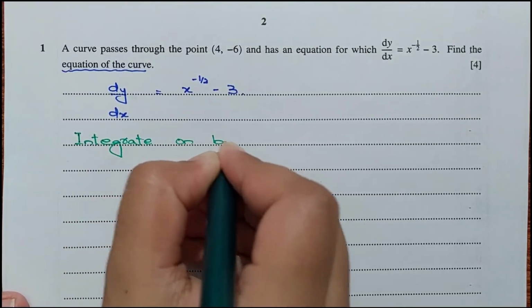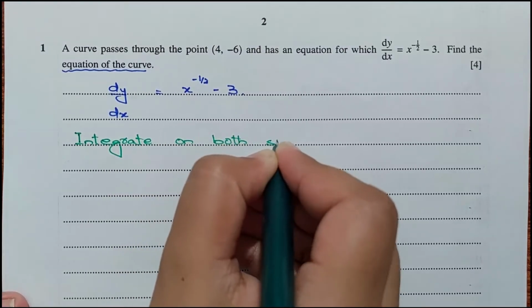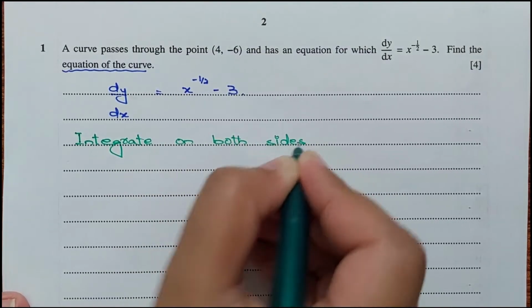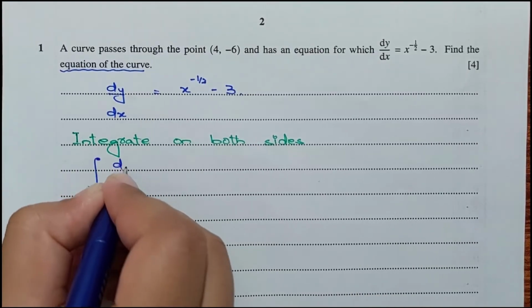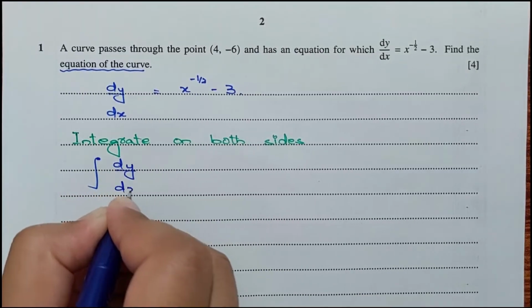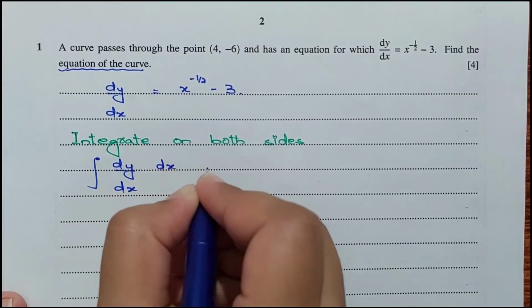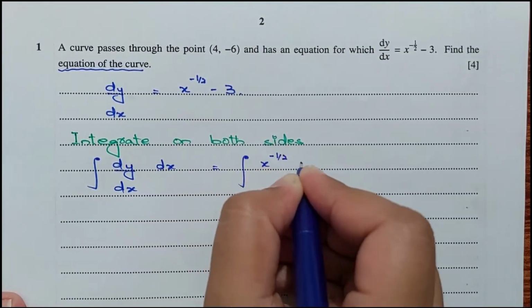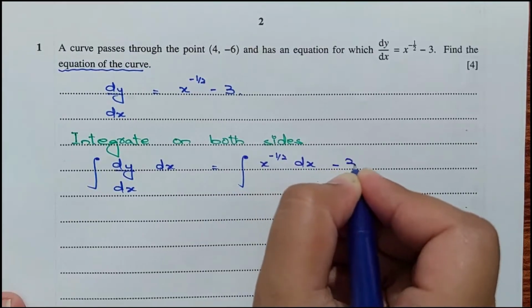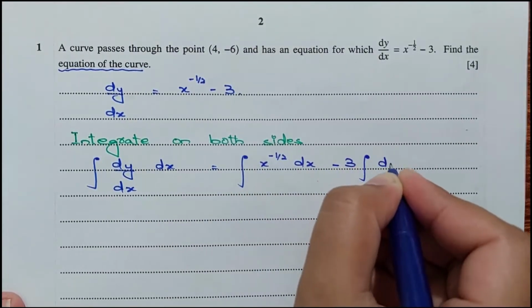Let me take the integration of dy over dx with respect to x, equals the integration of x to the power minus 1 by 2 dx, minus 3, which is outside, the integration of dx.